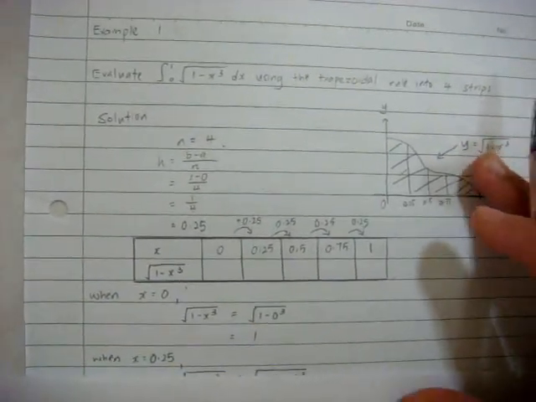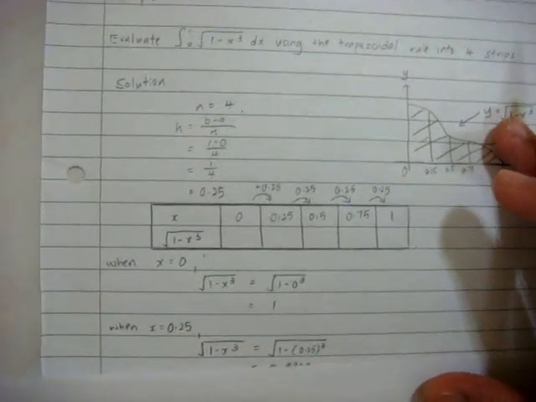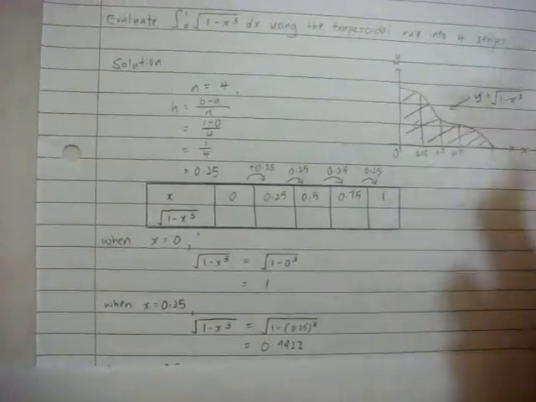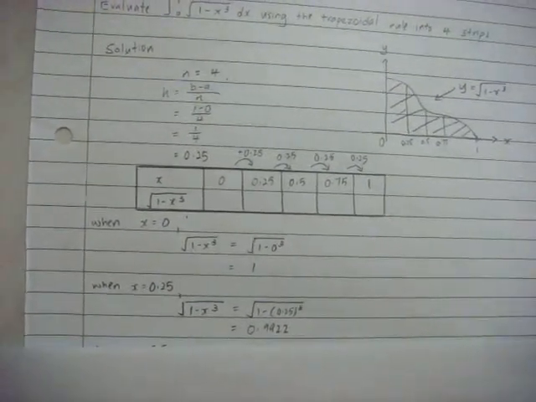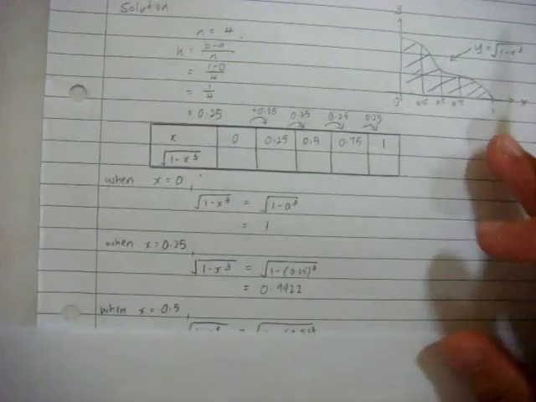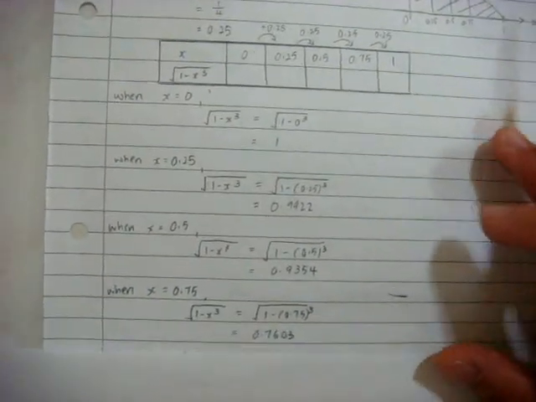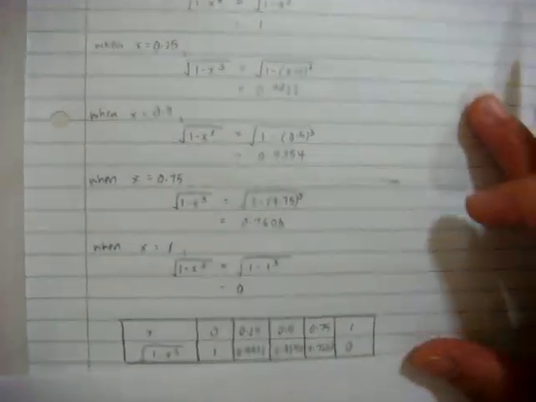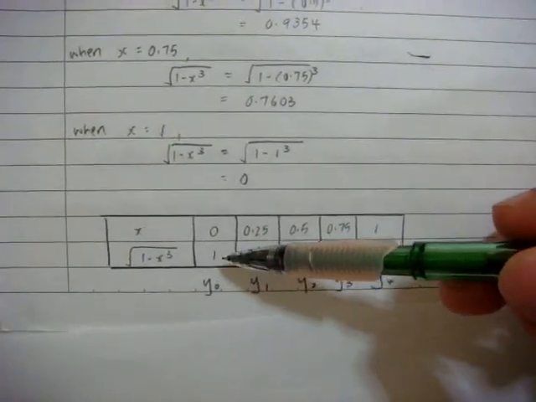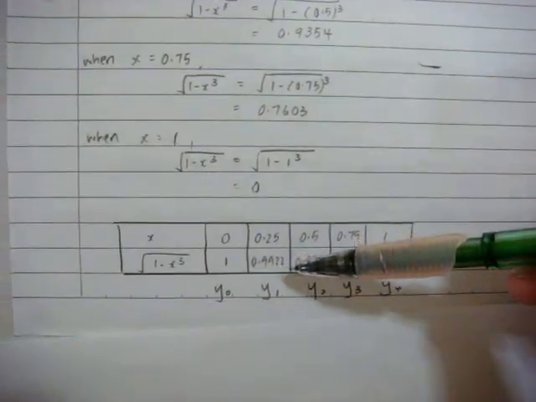Next, we substitute x equals 0.25 and the square root of (1 minus x cubed) is equal to 0.992, and we get the value over here. Next, we continue to do that, and finally we derive a table over here where y0 equals 1, y1 equals 0.992, and so on.